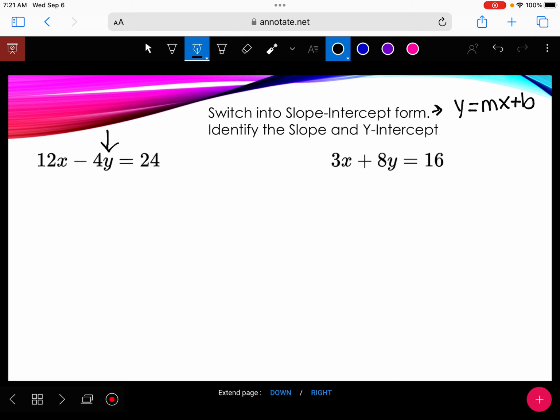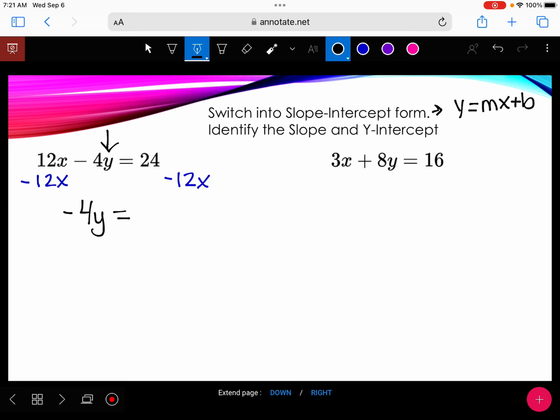So what do I need to move to get y by himself? The 12x. How are we going to move that 12x? Add, subtract, multiply, divide. Subtract 12x. Yep. Minus 12x from this side, and we're going to minus 12x from this side. We're going to be left with minus 4y.